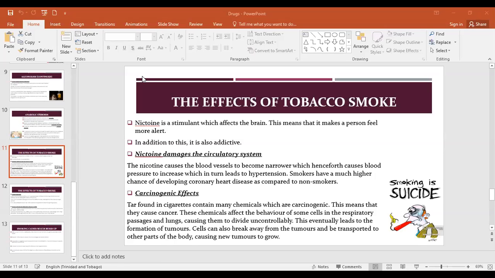formed, right? So if they cause cells to just divide uncontrollably, it will just grow and grow and grow until a mass is formed. When that mass is formed, parts of it could be broken off and transported around your body.